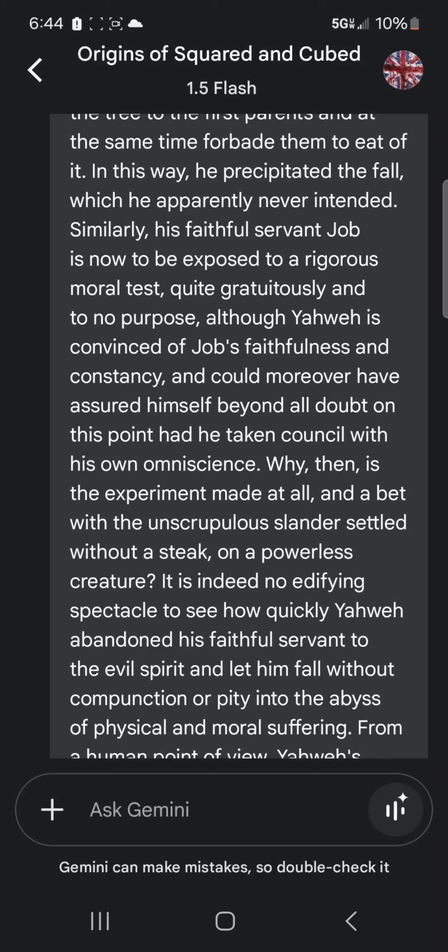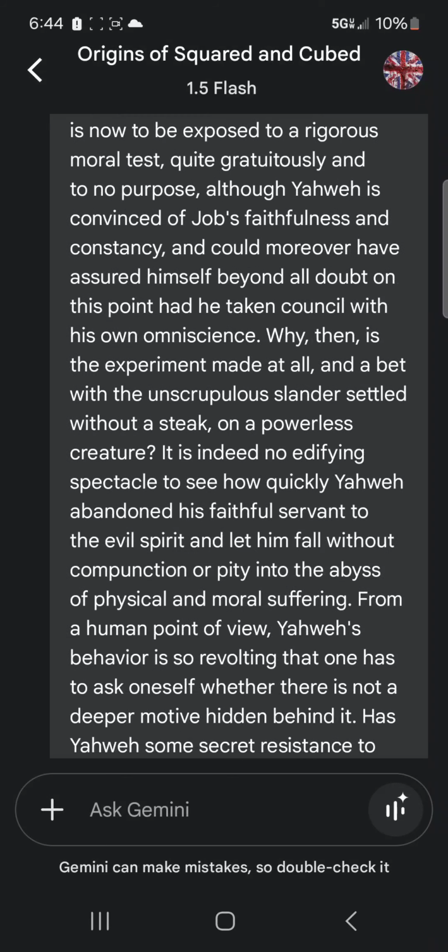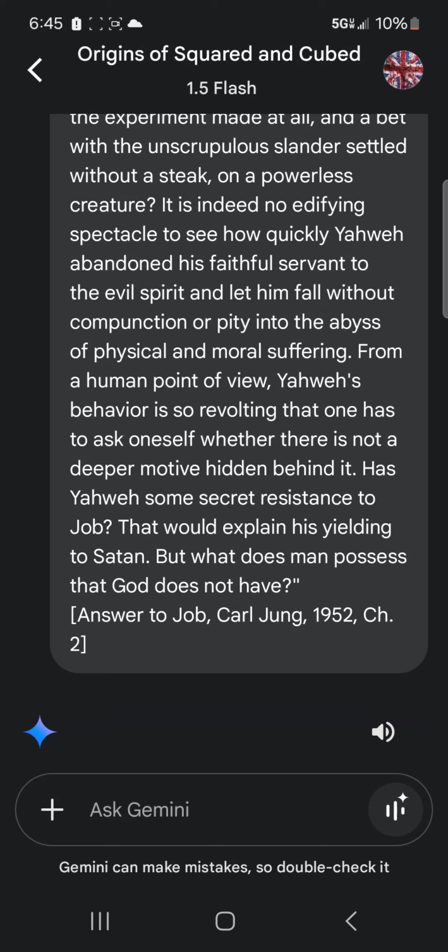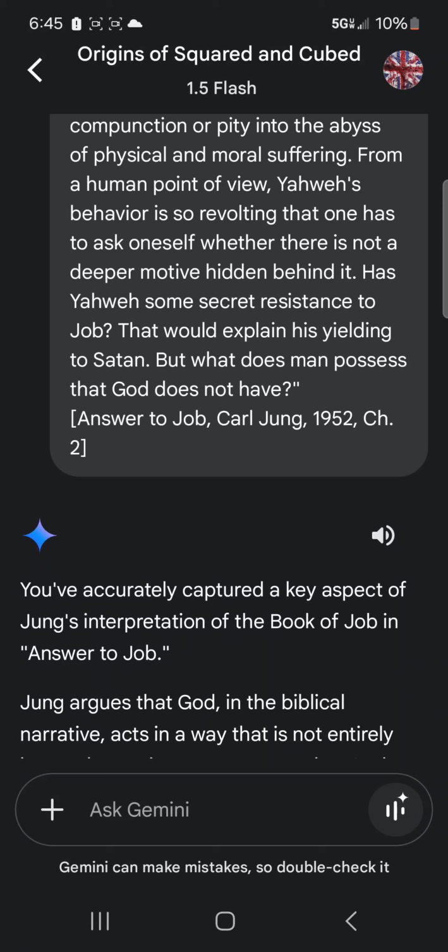It is indeed no edifying spectacle to see how quickly Yahweh abandoned his faithful servant to the evil spirit and let him fall without compunction or pity into the abyss of physical and moral suffering. From a human point of view, Yahweh's behavior is so revolting that one has to ask oneself whether there is not a deeper motive hidden behind it. Has Yahweh some secret resistance to Job? That would explain his yielding to Satan. But what does man possess that God does not have? Answer, close quote. Answer to Job, Carl Jung, 1952, chapter 2.